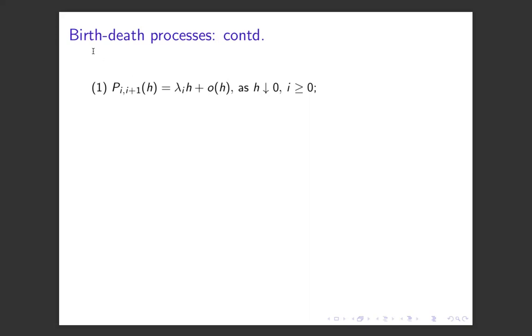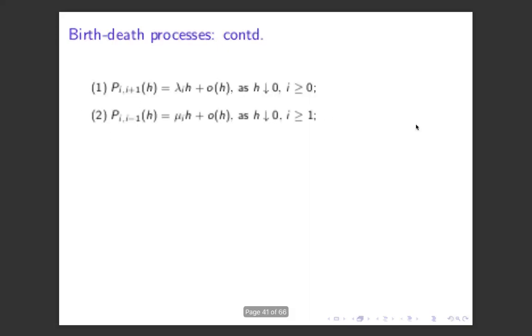Since we are calling these things birth-death processes, what is going to come next you can easily guess.